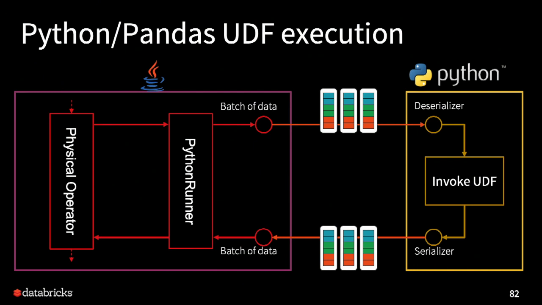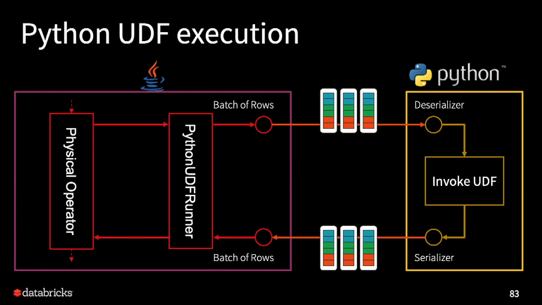So what's different? For normal Python UDF execution, the wire format is actually a group of 1,000 rows or less, packed into an array, and then pickled into the Python pickle format, which is not known for really high performance.